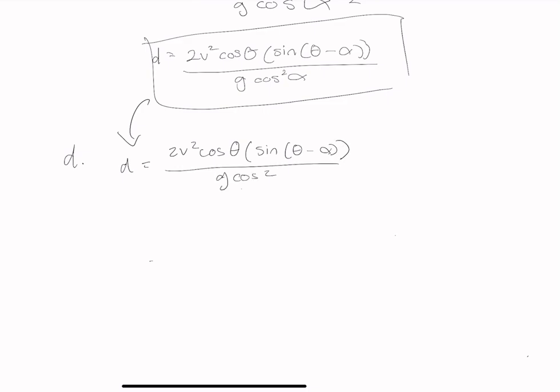So we can use it to find D max. Let's start off by simplifying this angle by creating a new variable, C equals theta minus alpha. So D equals sine of C.